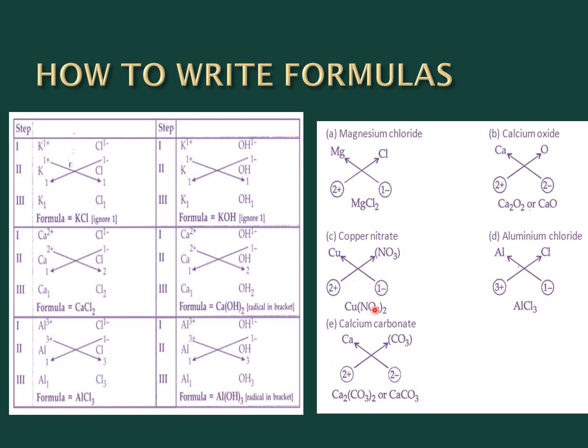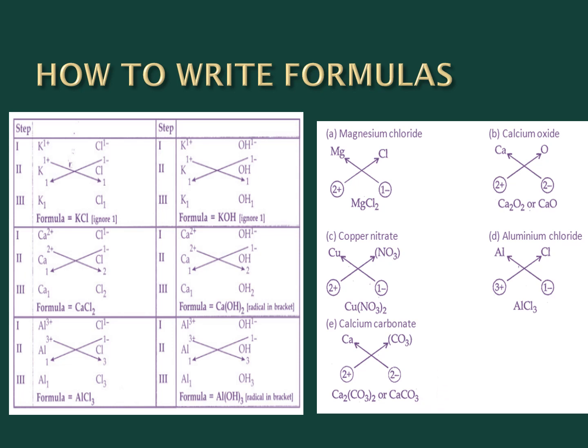Exchanging the valency, Cu(NO3)2. Aluminium chloride. Aluminium Al, chloride Cl. +3, -1. Exchanging the valency, AlCl3. Calcium carbonate. CaCO3. Calcium +2, carbonate -2. Ca2(CO3)2, because we are keeping the entire radical or ion inside the bracket. The 2s dismiss each other and it forms CaCO3 for calcium carbonate.